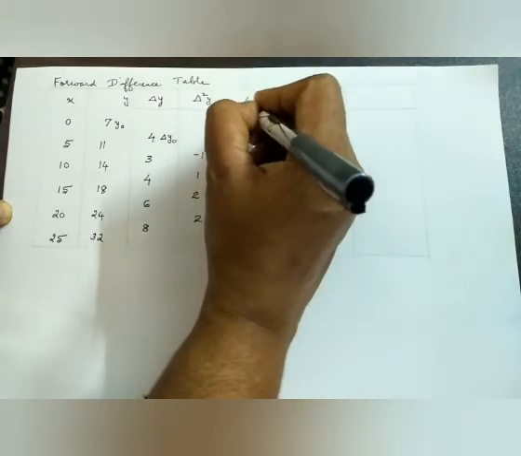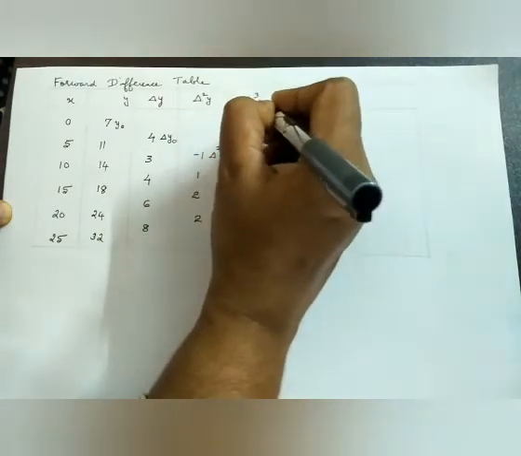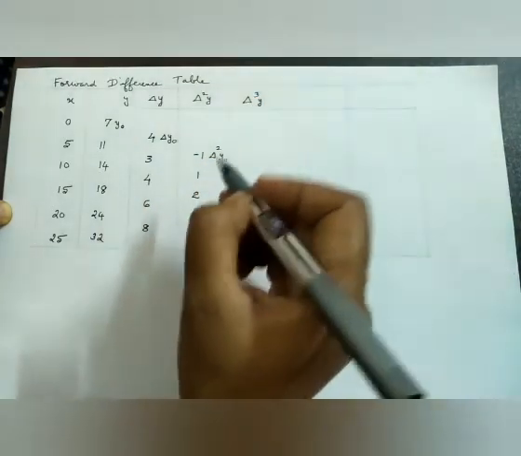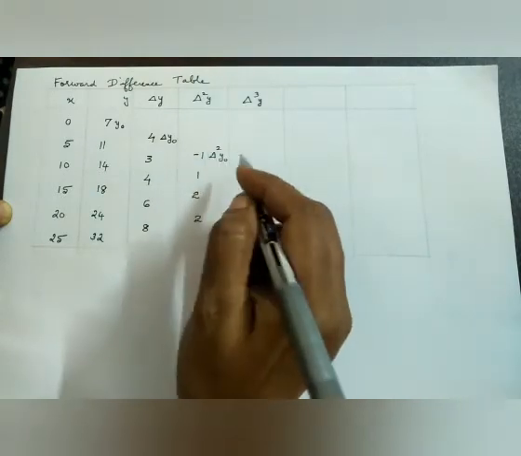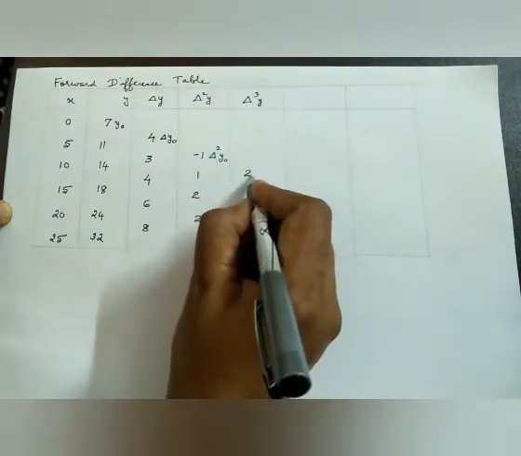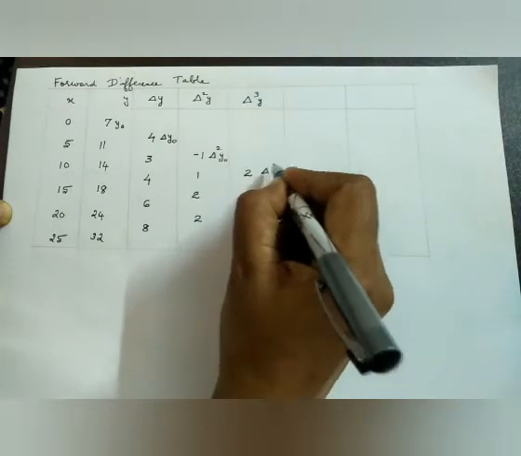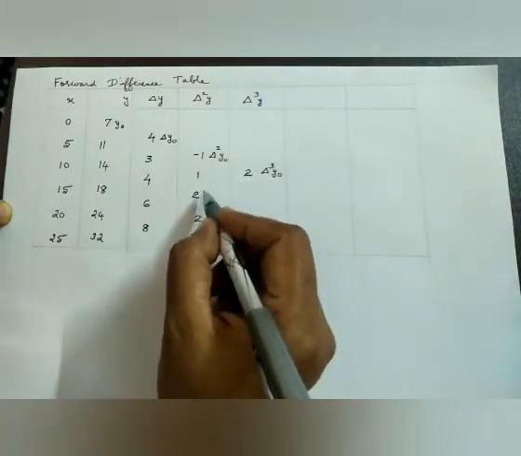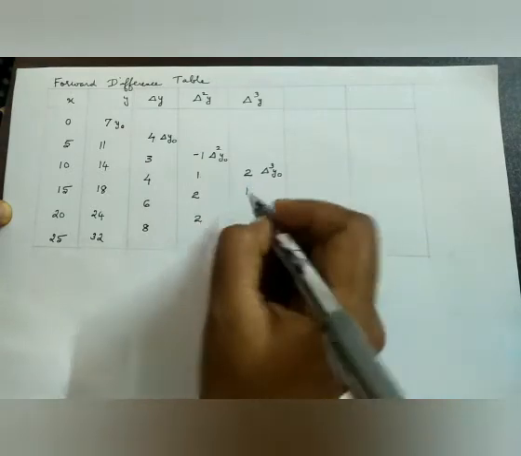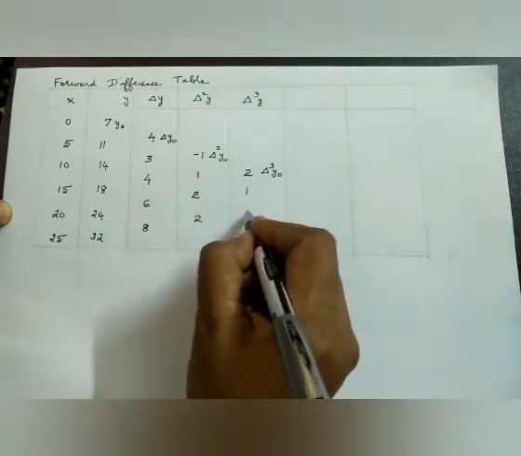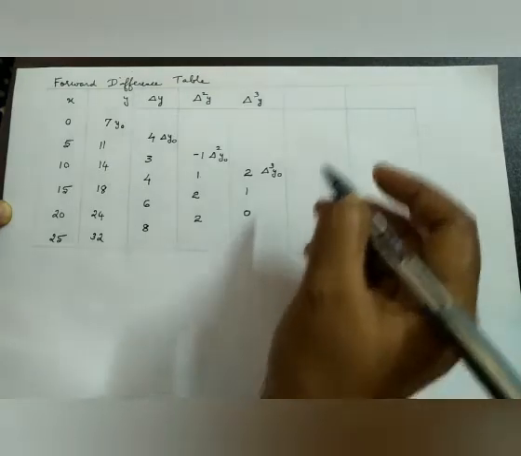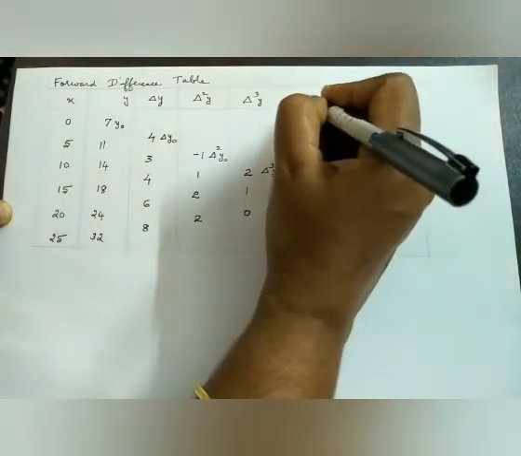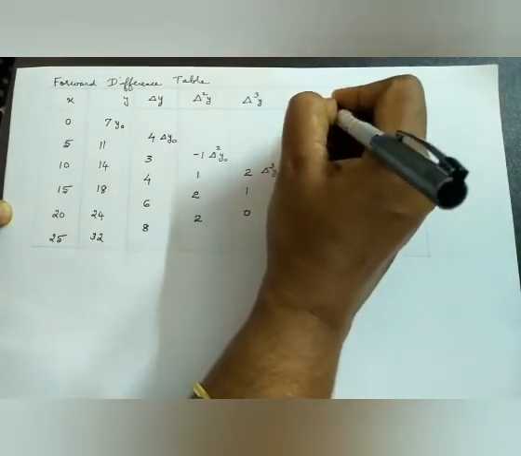Now we have the third difference, that is delta cube y. Now 1 minus minus 1, that is 2. It is delta cube y0. Now 2 minus 1, that is 1. 2 minus 2, that is 0. Okay. Now the fourth difference, delta raised to 4y.